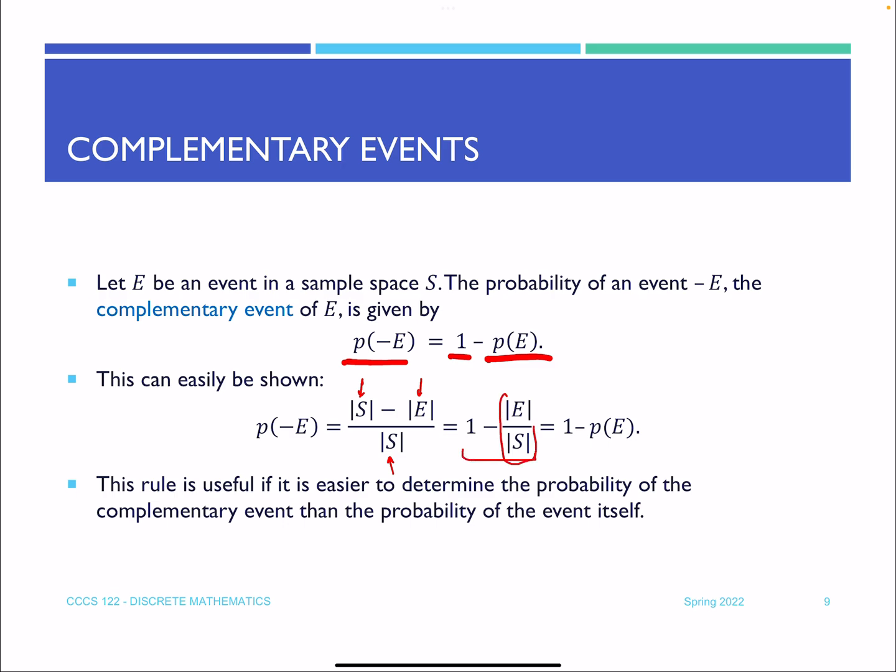This, of course, is the very definition of the probability of E. It's 1 minus the probability of E. Sometimes it is easier to find the probability of an event that you're interested in by finding the probability of the event not happening. And we've seen counting those possibilities. We saw that in the previous chapter in at least one example.